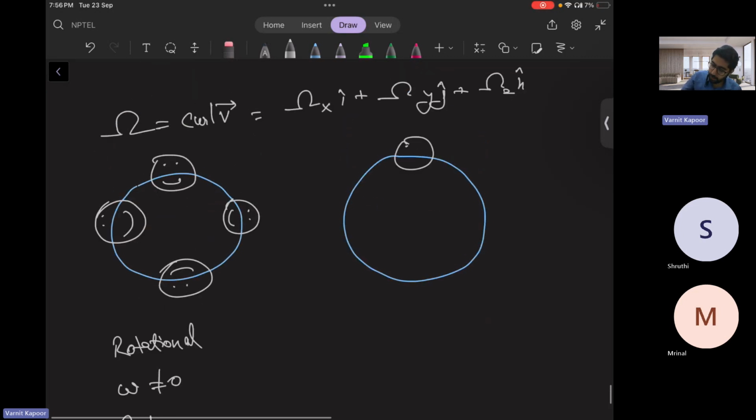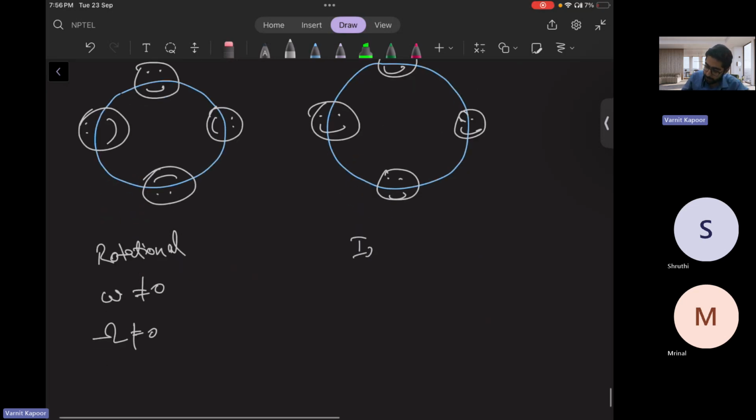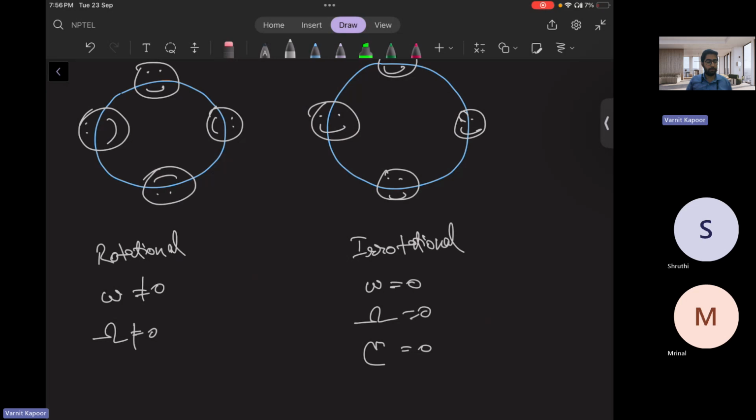For irrotational flow, my omega will be zero and vorticity will also be zero. Also, the circulation will be zero, and here in the rotational case circulation will be non-zero. Okay. Is the concept clear?